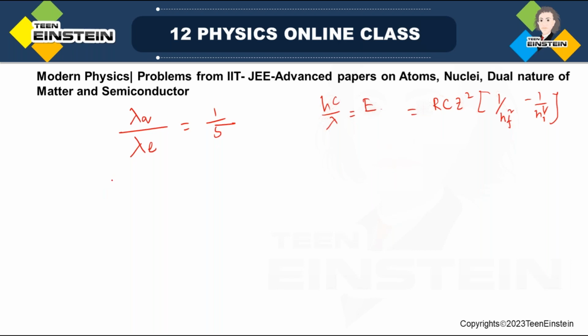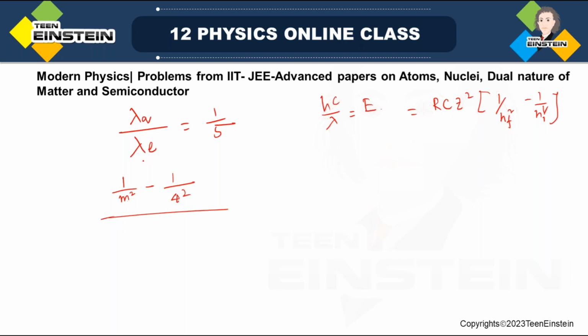So in this case what we can write is 1 over m square minus 1 over 4 square. So this is final, this is initial. In case of emission, 1 over lambda means this.